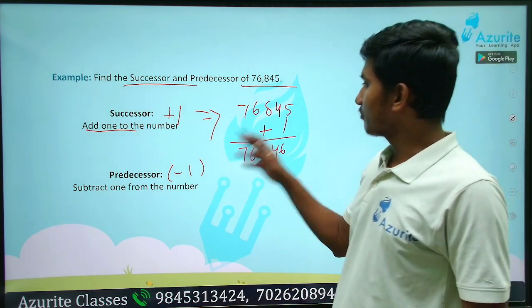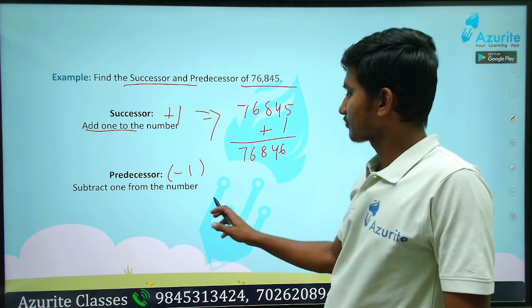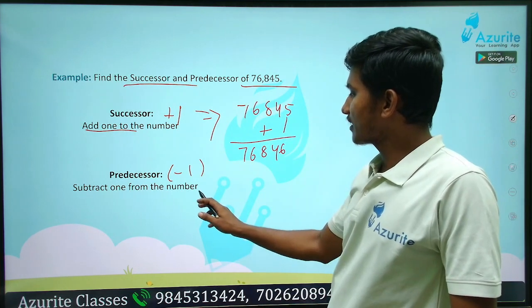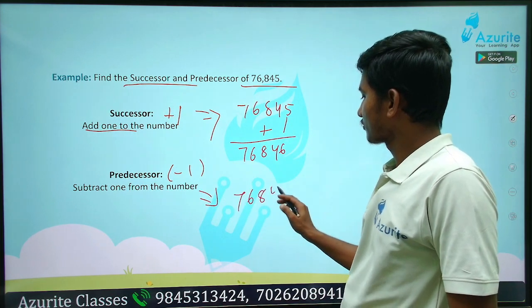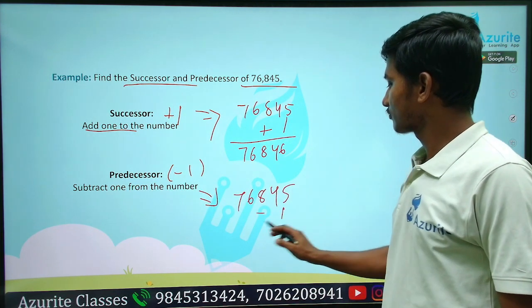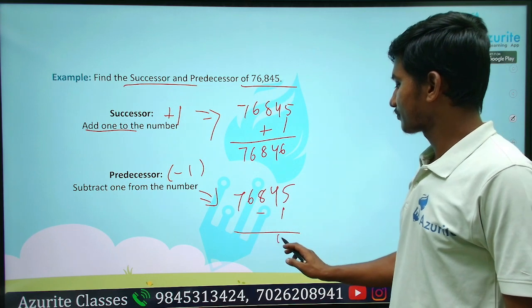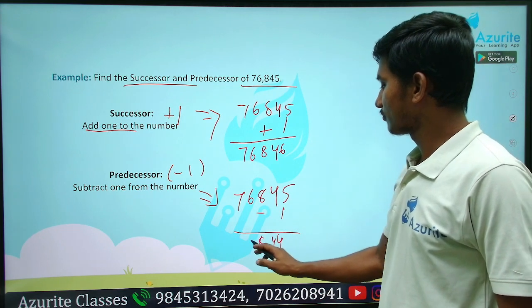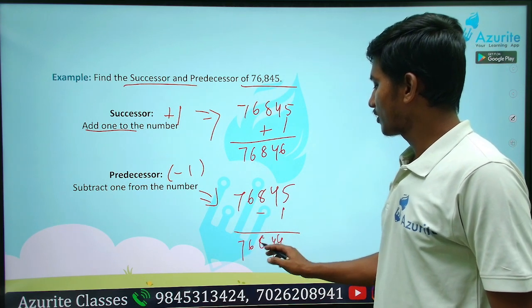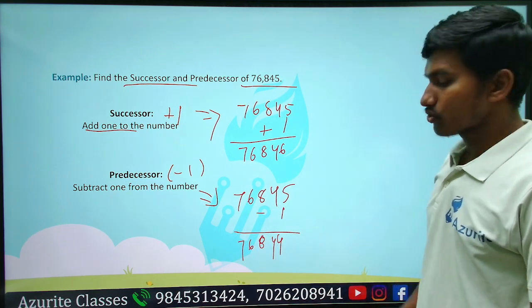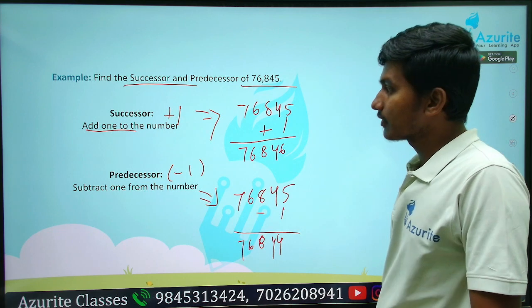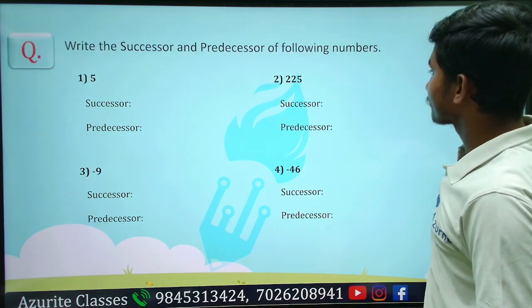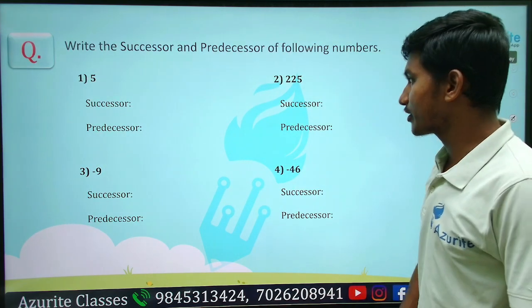So the predecessor, before 45, what will come? 76,845 minus 1 equals 76,844, right? So that will be the answer. 76,844 will be the predecessor. Understand?